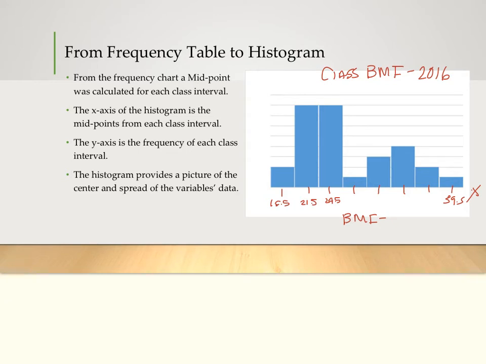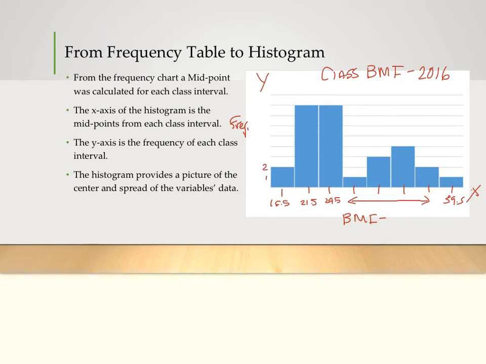Make sure that your scales are all evenly spaced for your midpoints. And then here's your y-axis, and your y-axis is frequency, right? So over on this side, we want to put frequency. Make sure you label the axes so we know what they are.